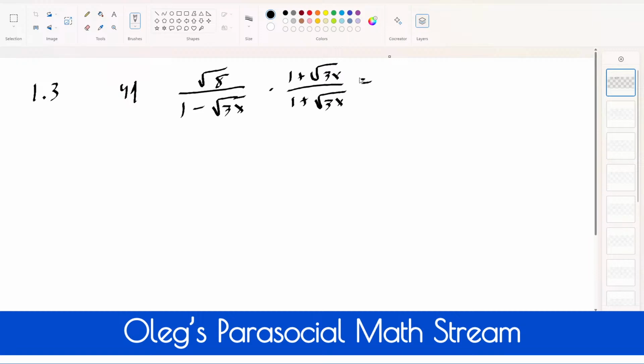What does that give us? So 1 times 1 is going to be 1 plus root 3x minus root 3x, and then plus, by the way, in case you forgot the polynomial multiplication, I'll show you real quick here.